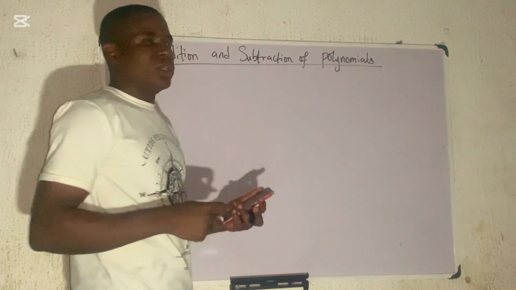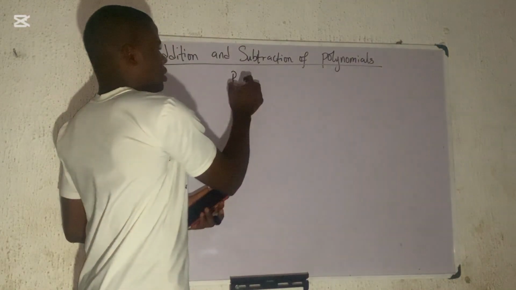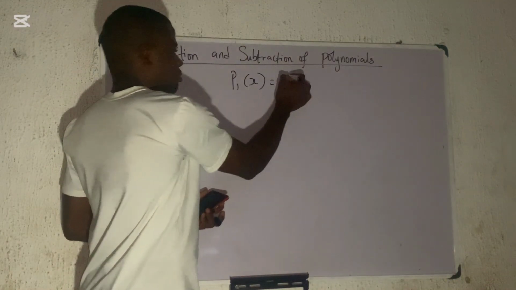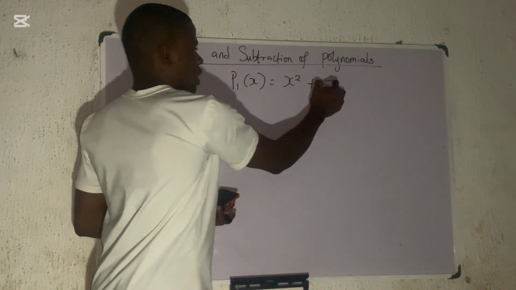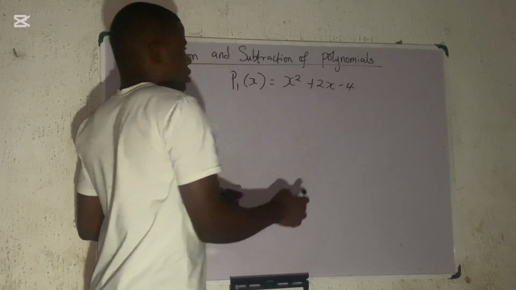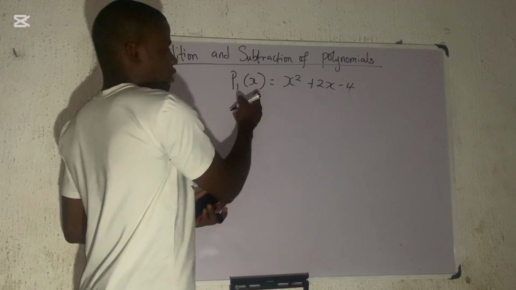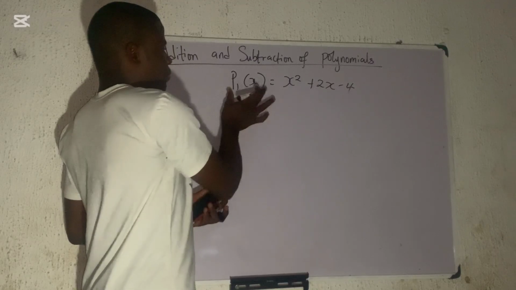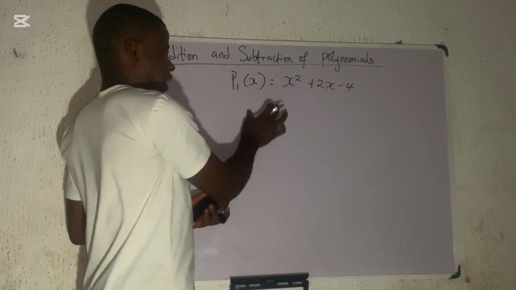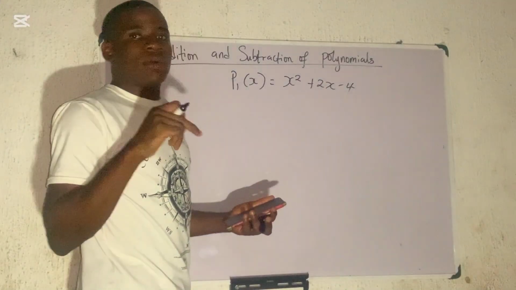So if I have a polynomial P1 of x and it is given by x squared plus 2x minus 4. Now, do you understand what I mean by P1 of x? Listen up. This P1 in bracket x is read as P1 of x.